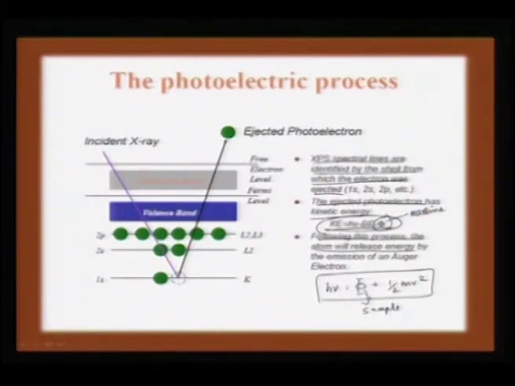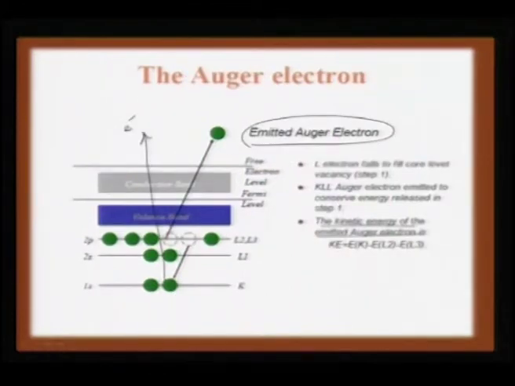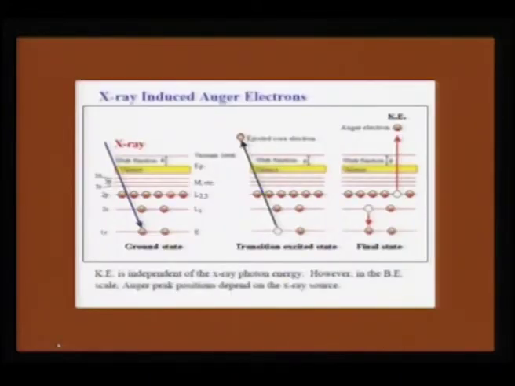Therefore, there are two work functions that are related when we talk about XPS. We are talking about the kinetic energy of the Auger electron, which is linked to the energy of the electrons in different levels. So, both are different, and the information that you get is different. The X-ray induced Auger electrons can be mapped in this way.